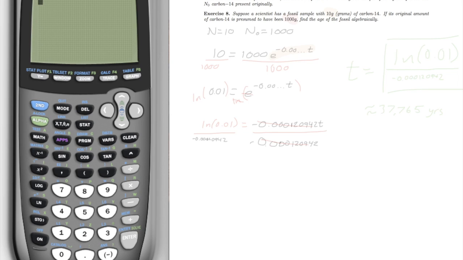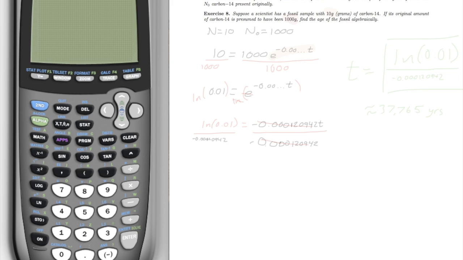And I'm noticing that there is actually an error in this formula. I will be updating the notes, but the equation for carbon dating is actually N equals N sub 0, N naught, e to the negative 0.0001209, etc. Sorry, that's a 4, to t.